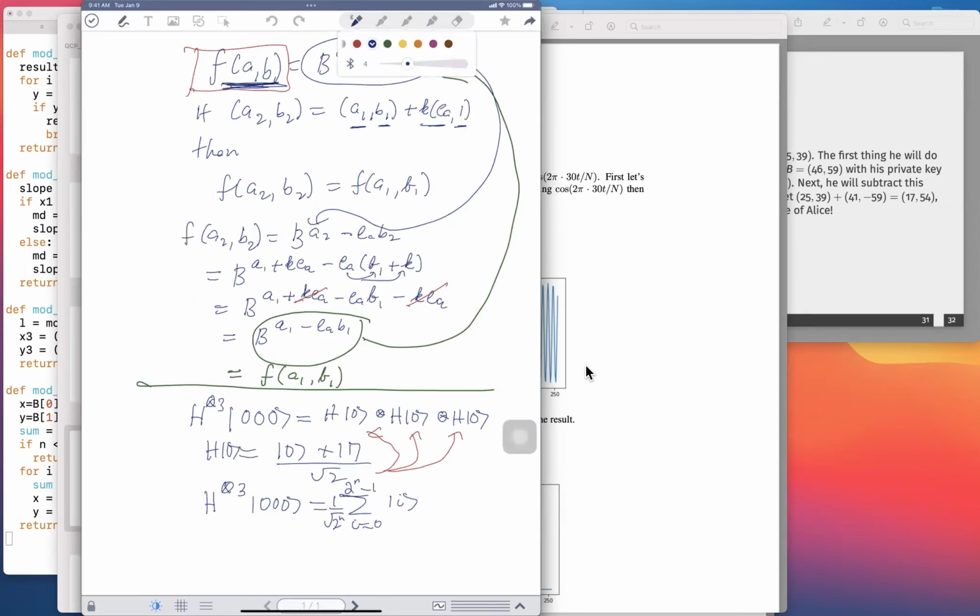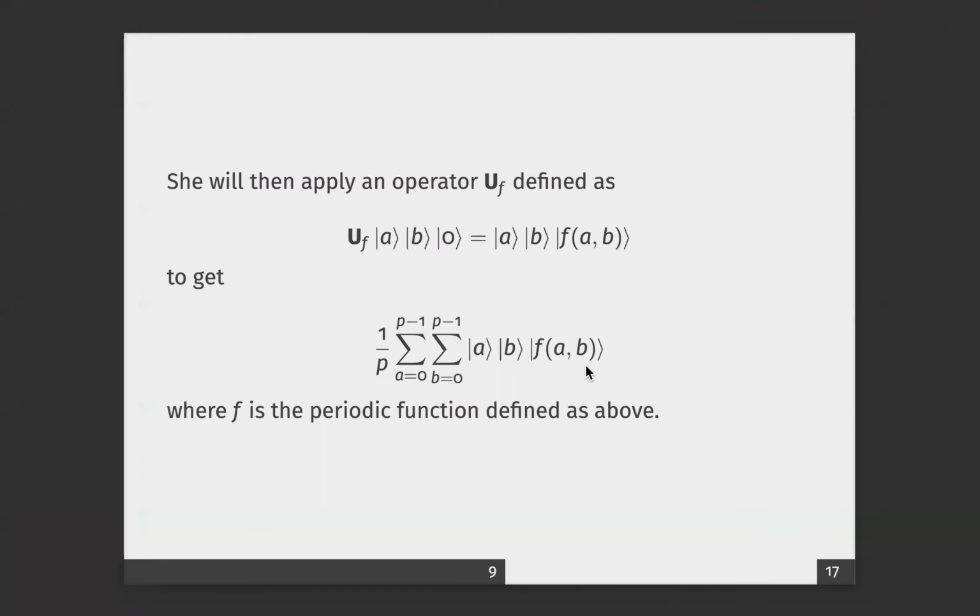So we want to apply the unitary operator U of f. To do that, you apply it to the input register and the output register, which is this one here.